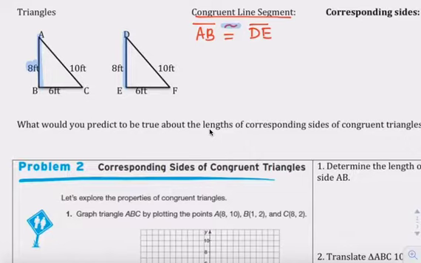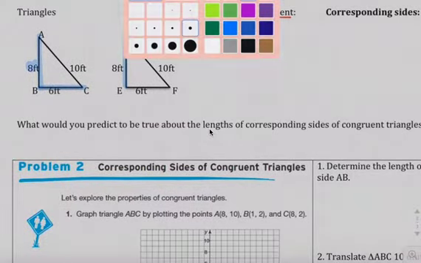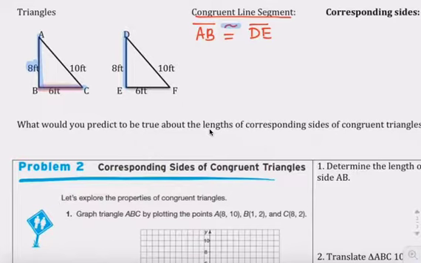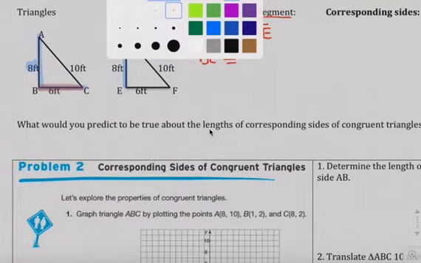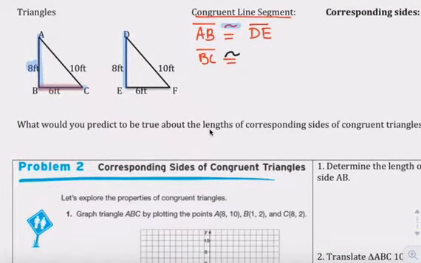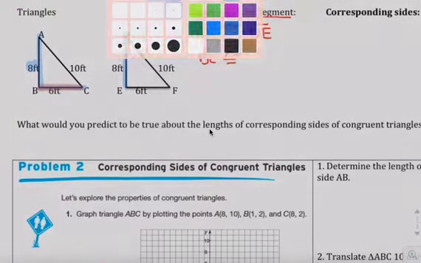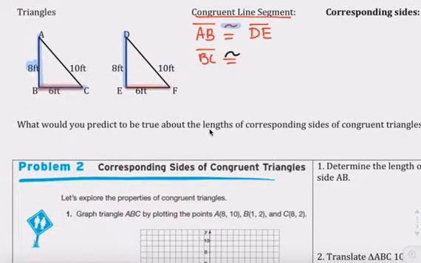Another congruent, BC is 6, so line segment BC is congruent to, remember to put a little squiggly line, line segment EF, because they're both 6 feet.